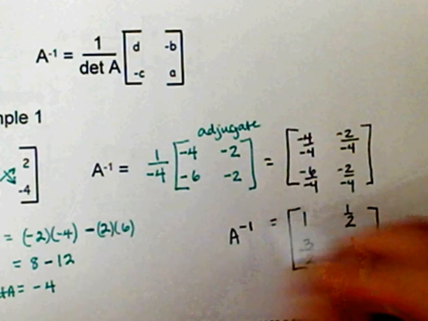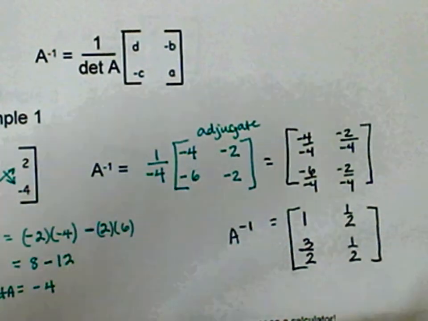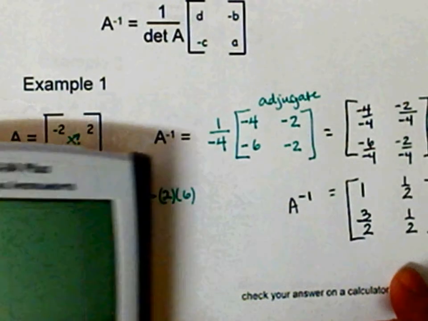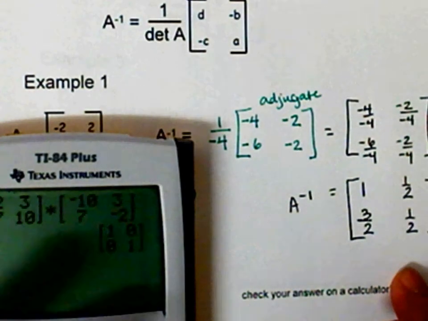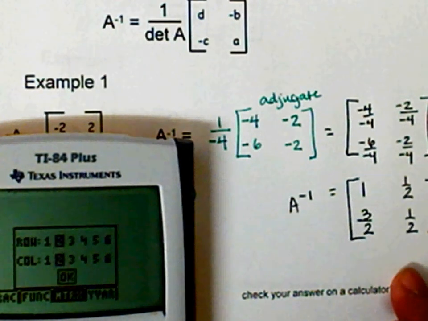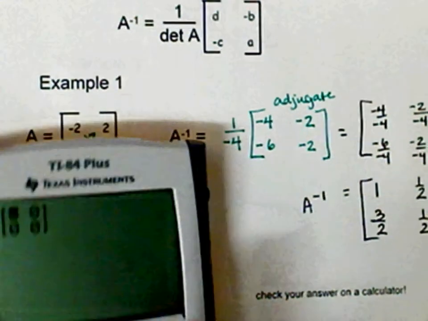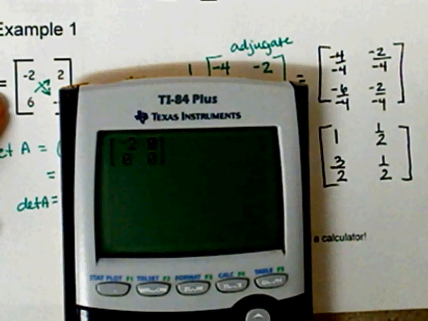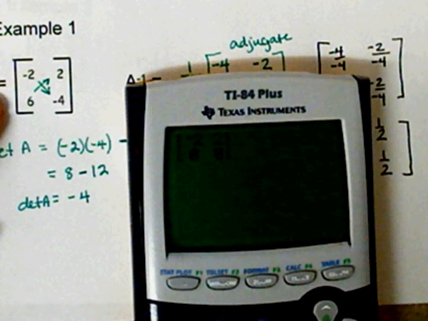And to check if it's true, this is what you can do, okay? You ready? Enter. Let's clear that. Alpha zoom. It's a 2 by 2. Here's our original matrix right here. Negative 2, right click. 2, right click. 6, right click. Negative 4, right click. Times.